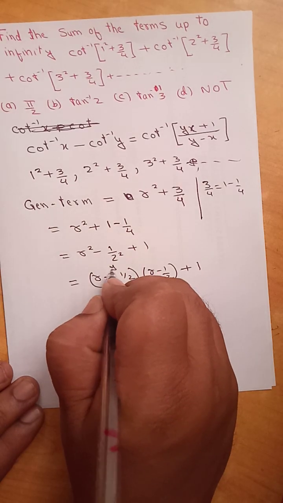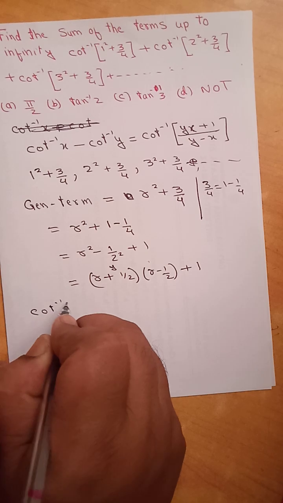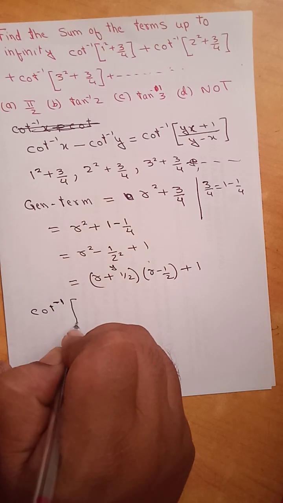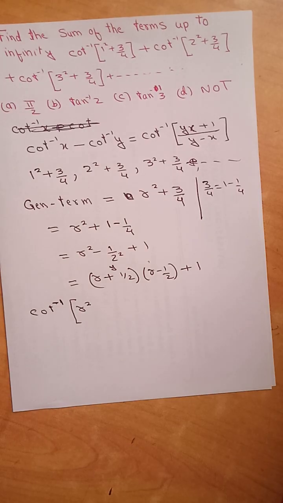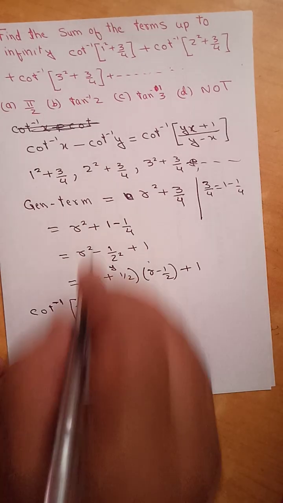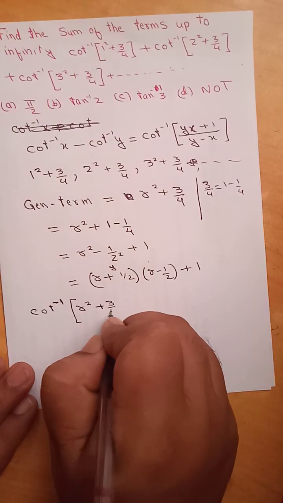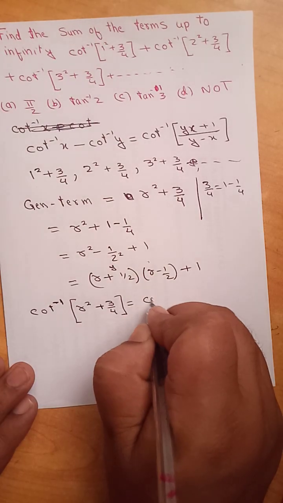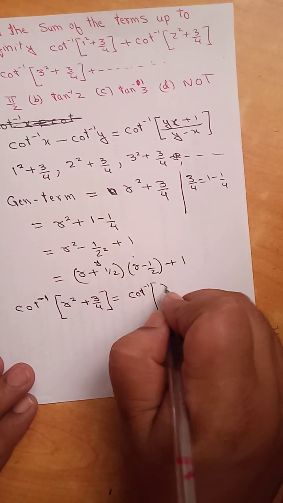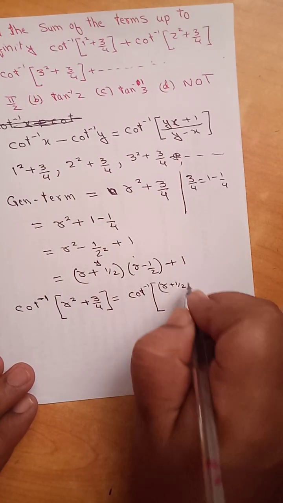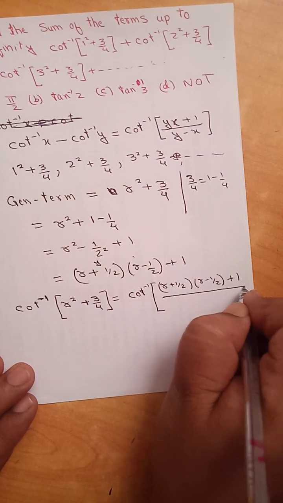This I will consider as y, this as x. Cot inverse of the general term r square plus 3 by 4 can be written as cot inverse of (r plus 1 by 2)(r minus 1 by 2) plus 1.